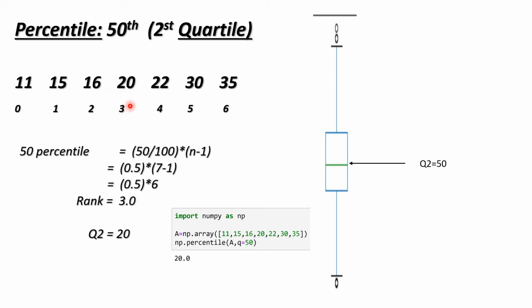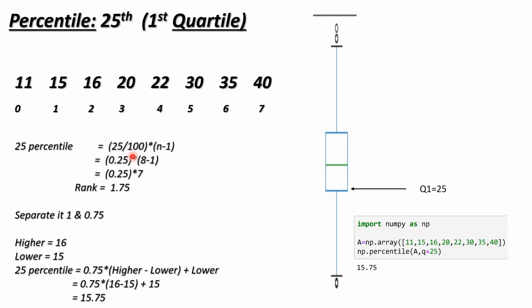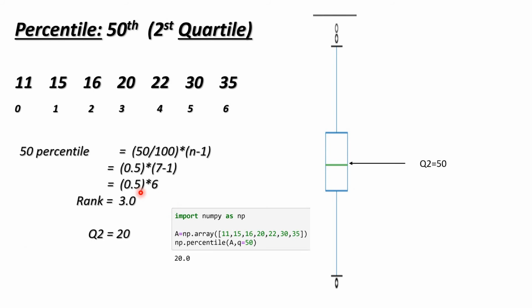So there is no need for further calculation like what we did in the first quartile. We have this index 3 over here, and the value also we have. So we are getting the value of the second quartile, that is 20.